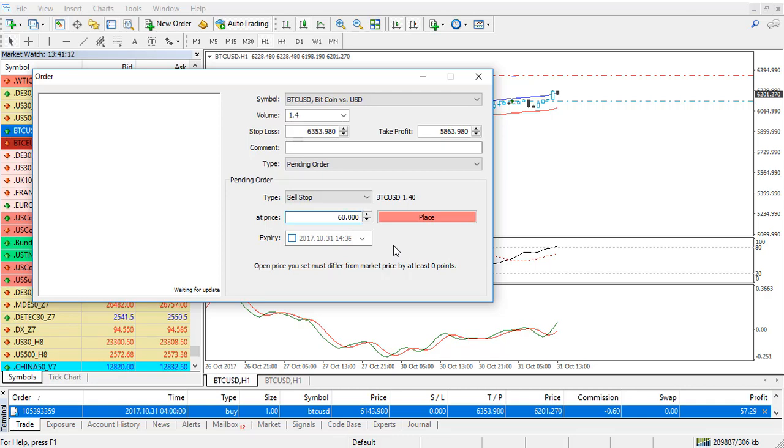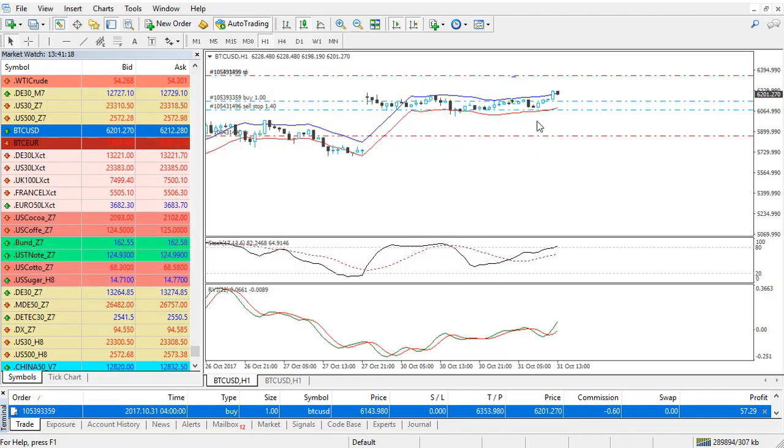It's 6073.98. When I hit place, you will see the order sell stop at 1.4, and here is the take profit. You see exactly 294, and the stop loss for the sell order matches exactly with the take profit, because this is exactly what we need to happen.